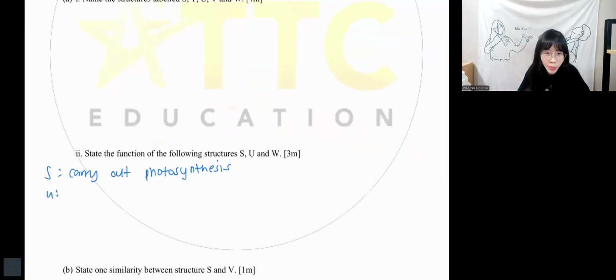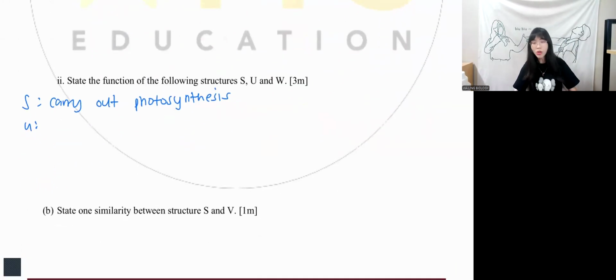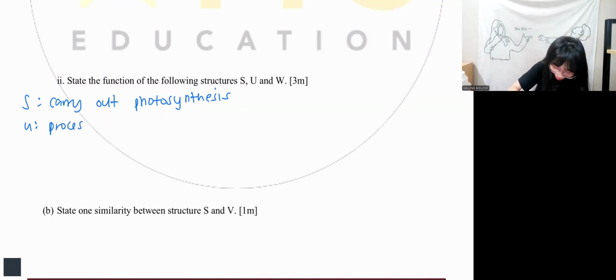And then we have U. U is Golgi Apparatus. This one you cannot short form already because we only have 5 words to write. Correct. P, M, P, S, T. Of course, we cannot write short form, right? What does the first P stand for? Correct. The first P is process. M is modify, very good.